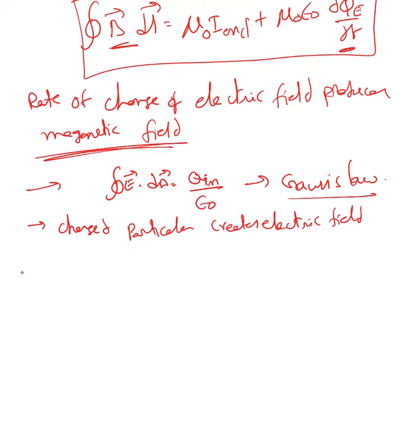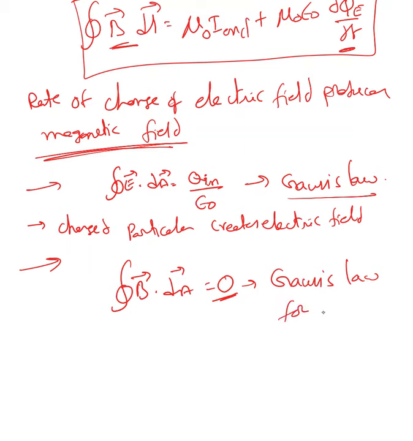Now the second one is the closed integral of B times dA equals 0. This is Gauss's law for magnetism.